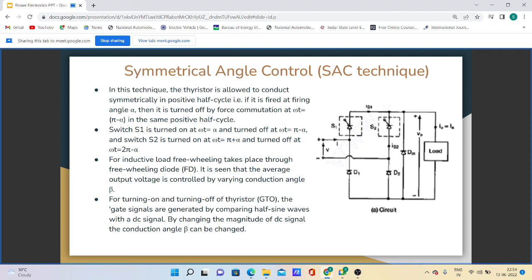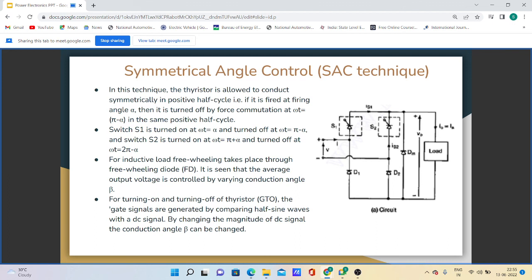For turning on and turning off of thyristors, that is GTO, the gate signals are generated by comparing half sine waves with a DC signal. By changing the magnitude of DC signal, the conduction angle beta can be changed.